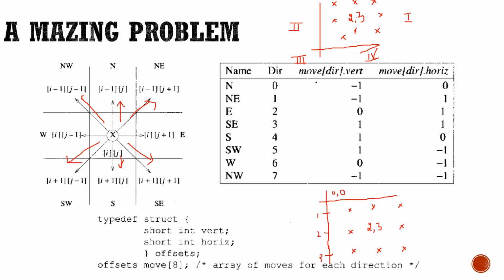In the same way, this is my 1, this will be my 2, sorry I went wrong over here, let me go for the index values here. This will be 1, this is 2, this is 3, and this is 4.